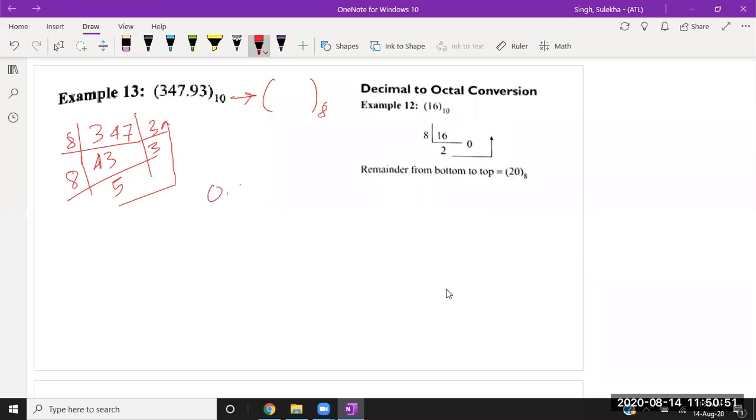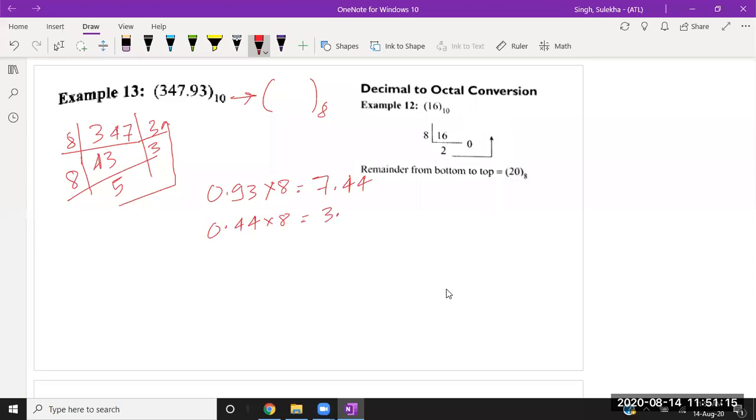Similarly, I will do for 0.93, and 0.93 I need to multiply by 8, because I am converting my decimal number into an octal number. It will become 7.44. So I need to leave this 7 and consider that 0.44, and again multiply by 8.